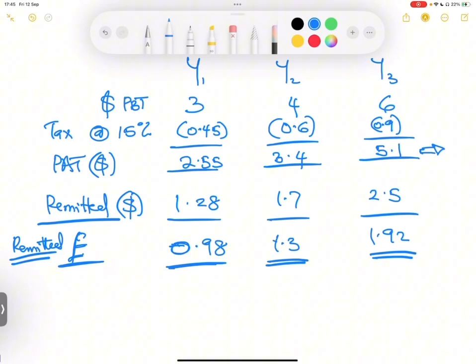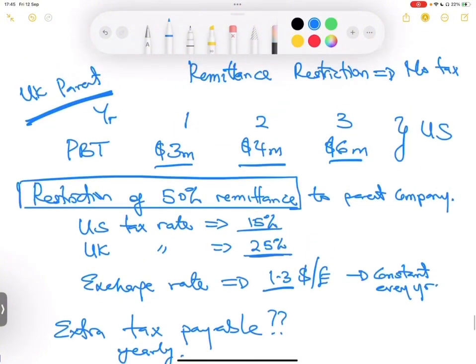But something that you need to be very careful of is, remember that this is post-tax. Very important. So this is the amount that has been remitted to the UK, but in terms of post-tax, we need to charge this 10% extra, because currently as we speak, UK at 25%, US at 15%, means there's extra 10% tax that we have to pay.